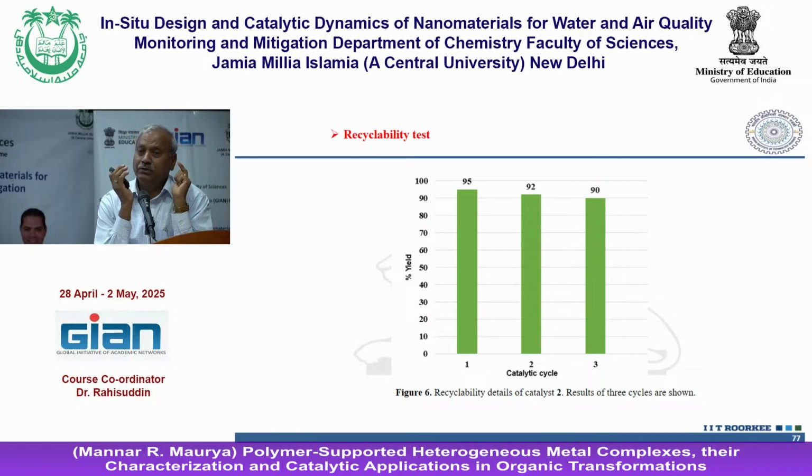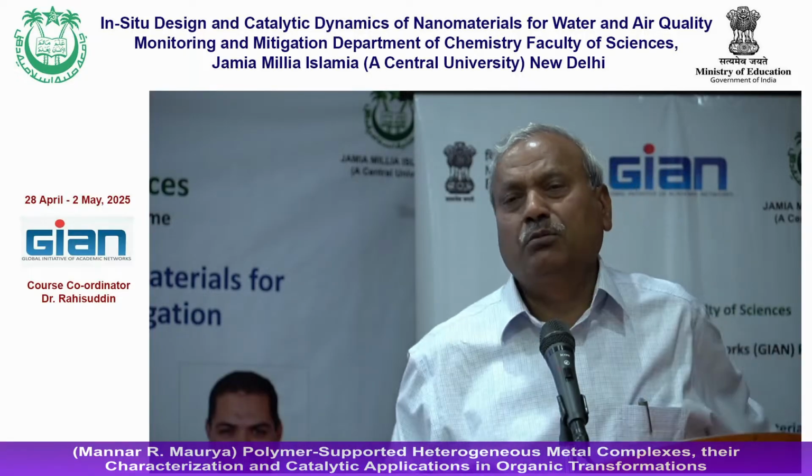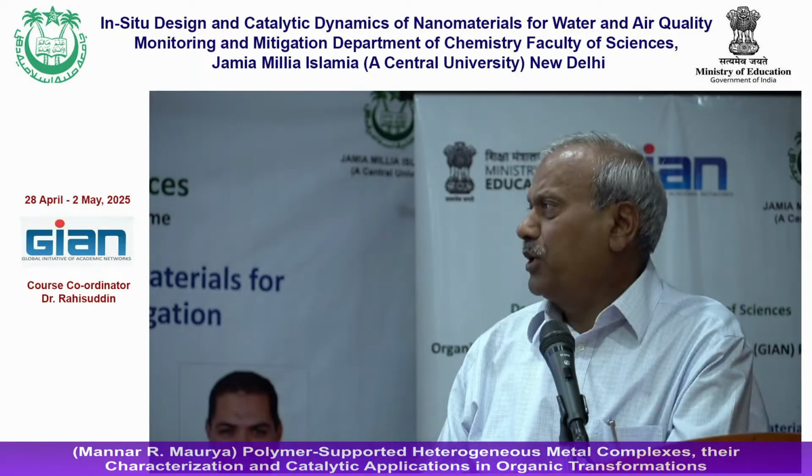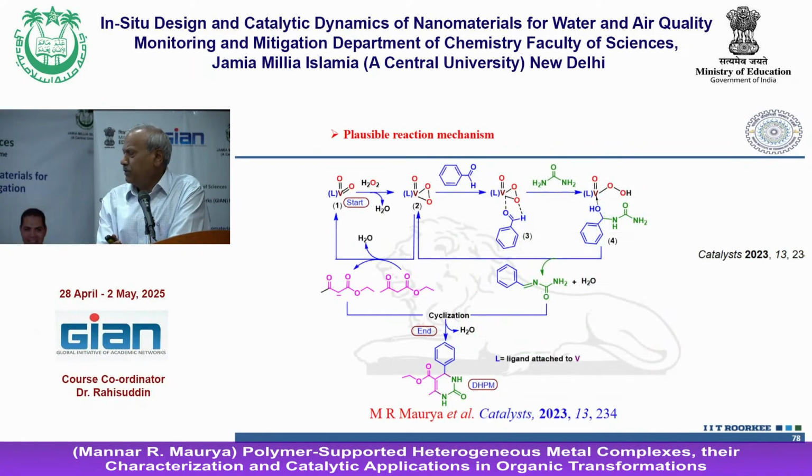You will get almost the same amount of conversion there. This is just by separating it and doing the catalytic reaction within the reaction flask. Okay, so that can be done, and based on the different studies, we have tried to give, through DFT, actually we have taken help from one theoretical chemist, through DFT we have tried to give the catalytic reaction mechanism for that.